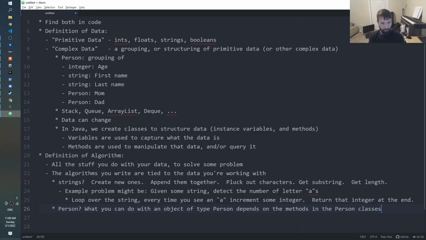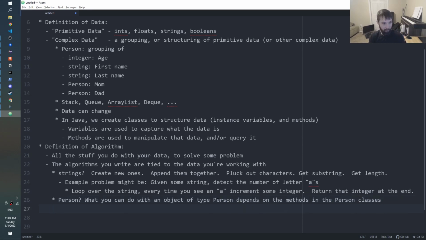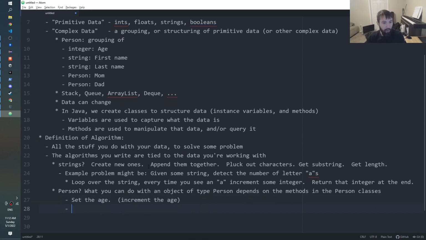But some possibilities might be set the age, or maybe increment the age. An example problem might be that given some person, find the combined age of both parents.